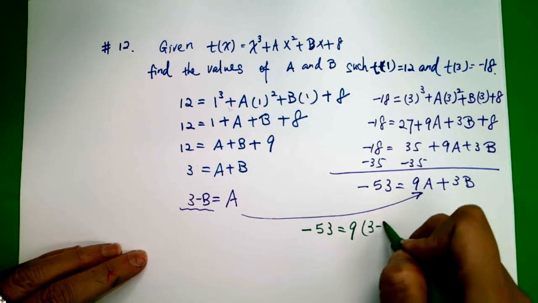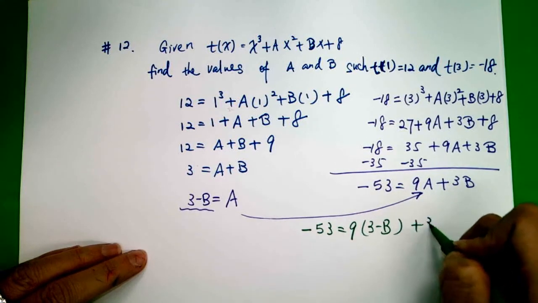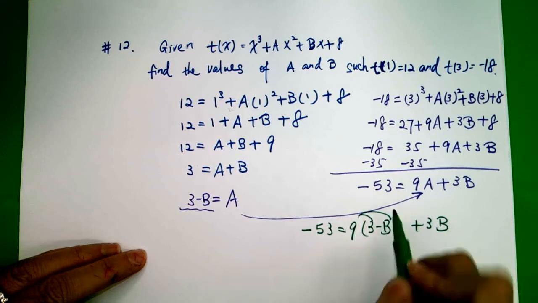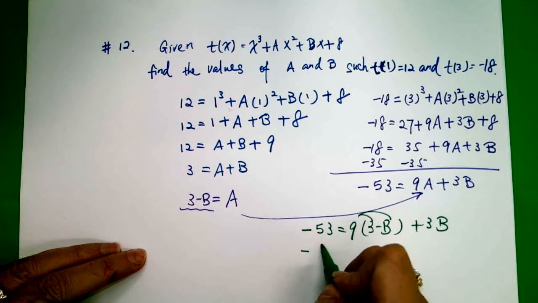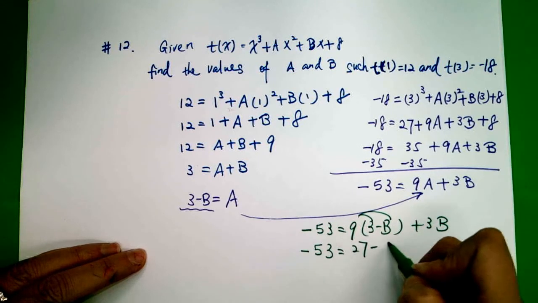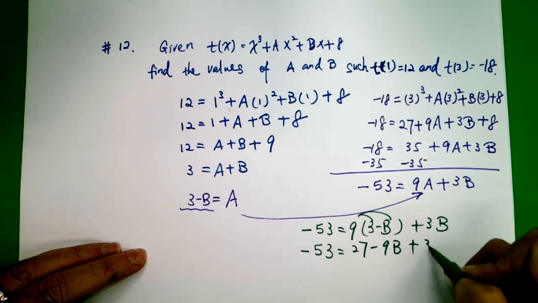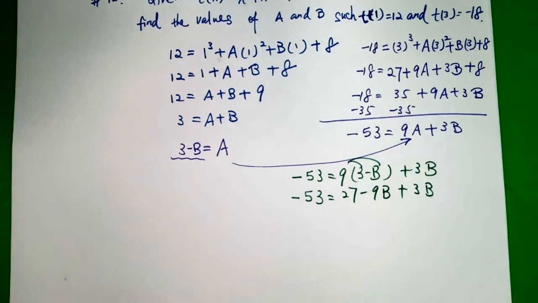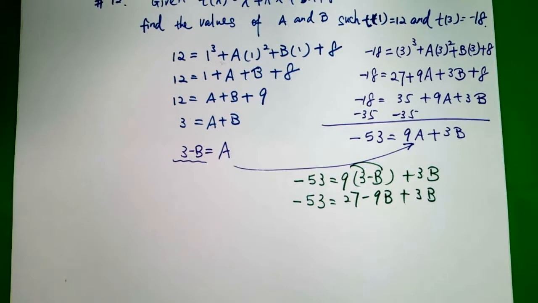So this whole thing becomes negative 53 equals 9 times a, and a is 3 minus b, and plus 3b. When you distribute, you will get negative 53 equals 3 times 9, 27, minus 9b plus 3b. Just like how you solve an algebra question, you combine like terms.